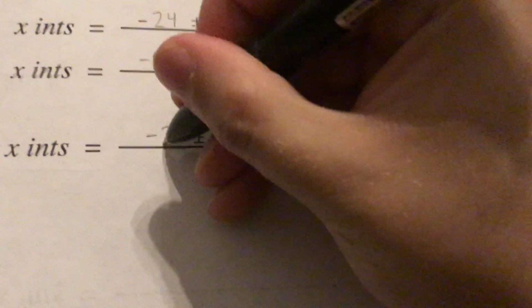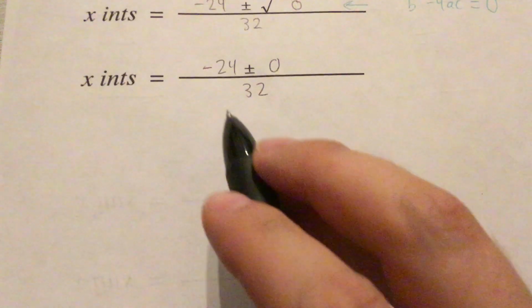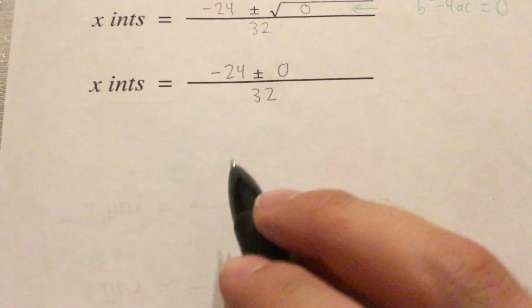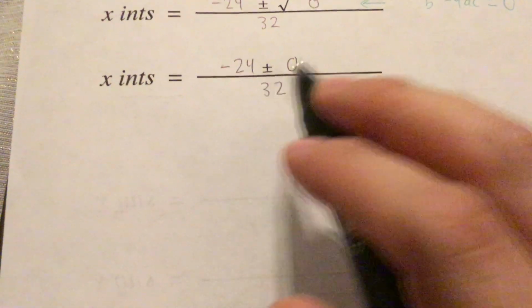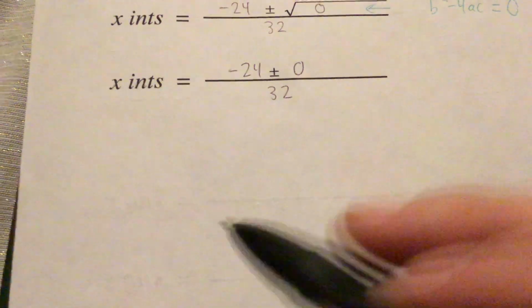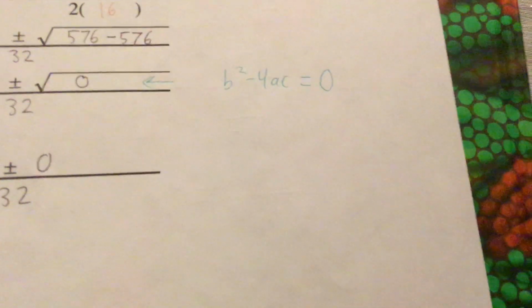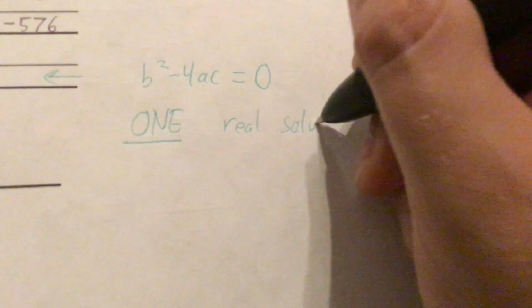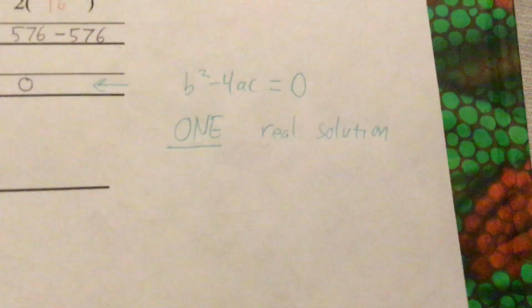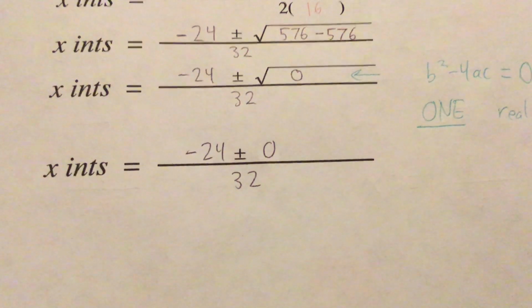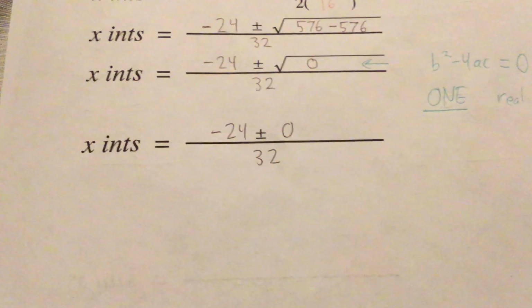If I do negative 24 plus or minus 0 over 32, if I split this up into two cases, negative 24 plus 0 is negative 24. Negative 24 minus 0 is still negative 24. There's no need to copy this down into x1 and x2. So what this tells me is that there's going to be only one real solution. So because the discriminant is 0, there's only one real solution.